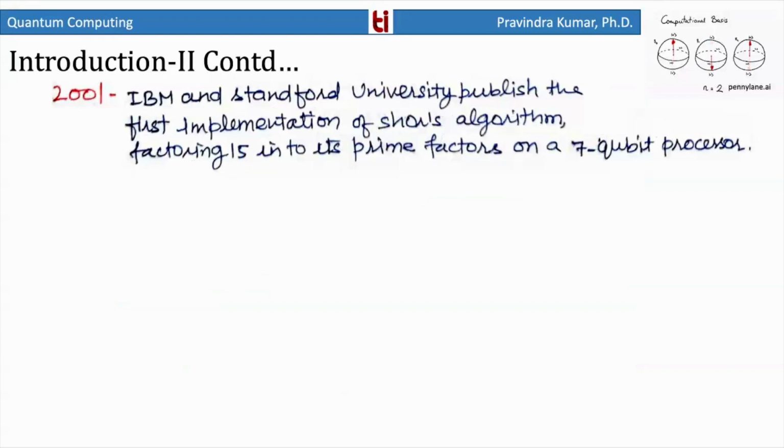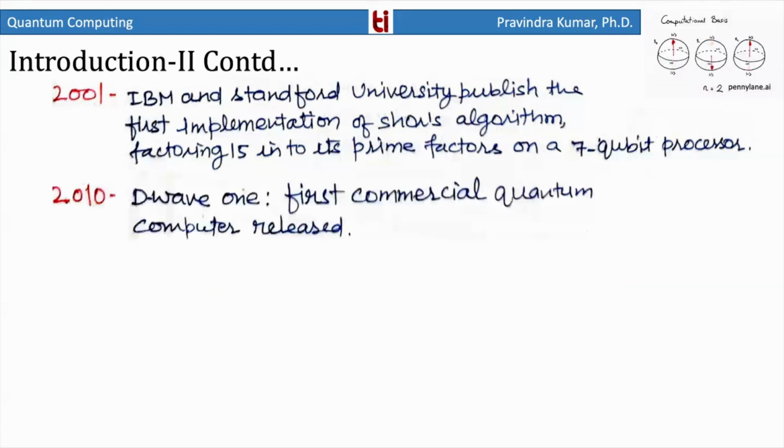In 2001, IBM and Stanford University published the first implementation of Shor's algorithm, factoring 15 into its prime factors on a 7-qubit processor. In 2010, D-Wave released its first commercial quantum computer.